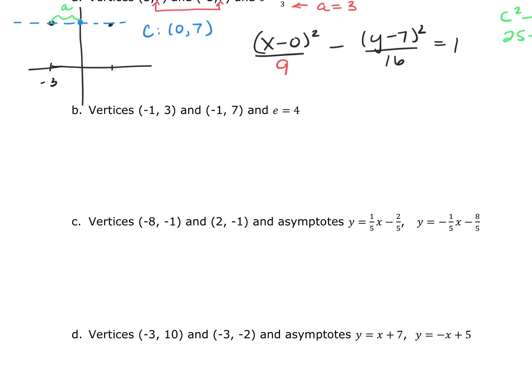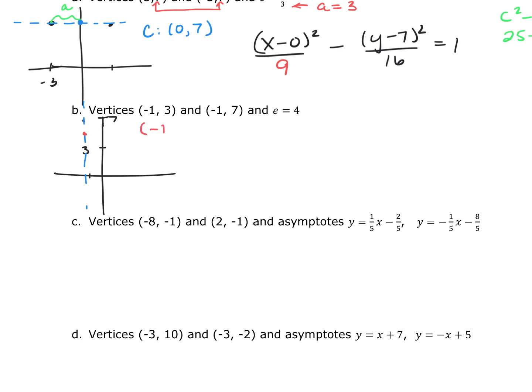Now let's take a look at the next example. My vertices, again, I'm going to draw a quick picture so I know which way I am going to roll. I have my vertices at (-1, 3) and also (-1, 7). So my transverse axis is going in this direction. Halfway between these two is my center.